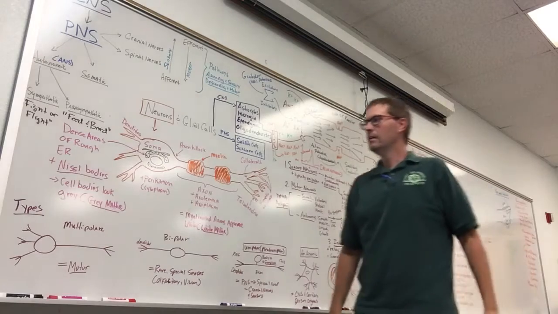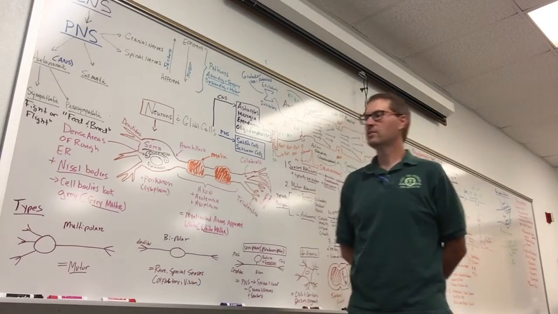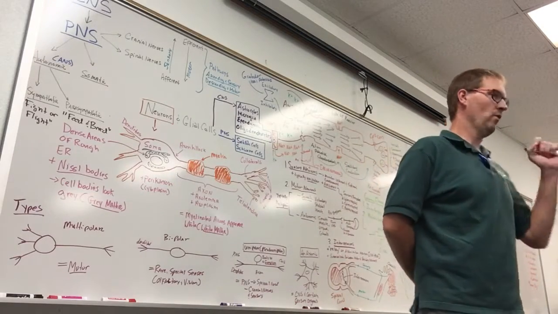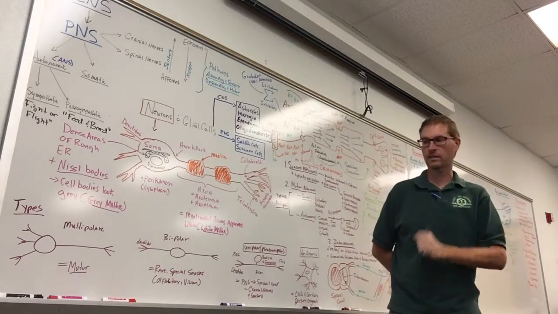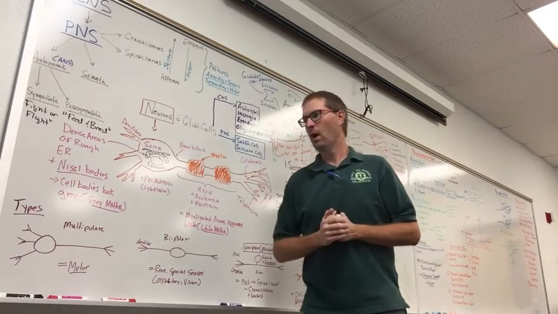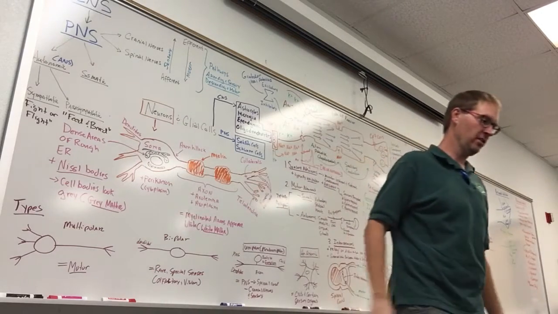Now, some of the nuance that we didn't talk about in lab, and this is going to be very apparent in this week's lab when we actually do the tissue dissection, we dissect the brain. Within the soma, we have dense areas of rough endoplasmic reticulum.